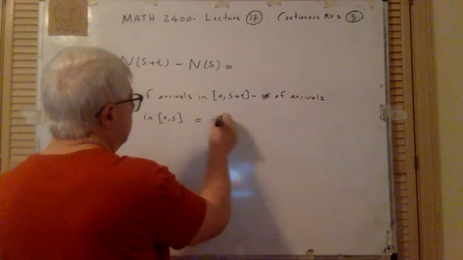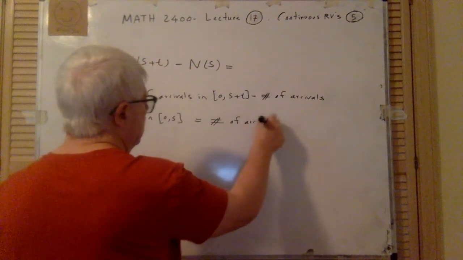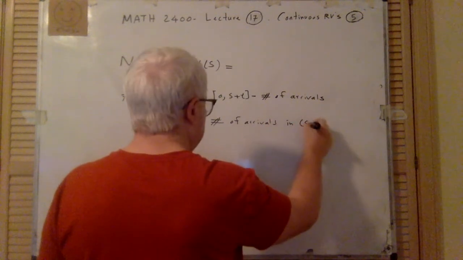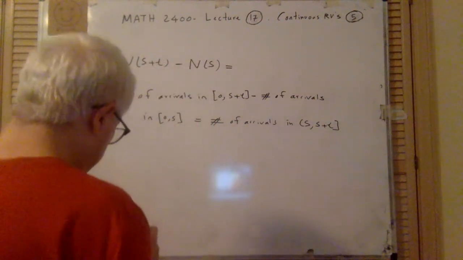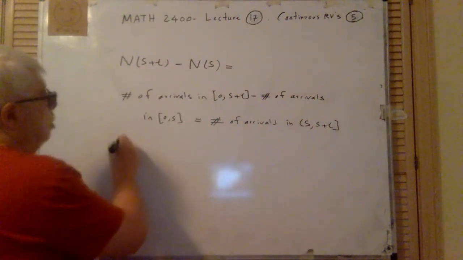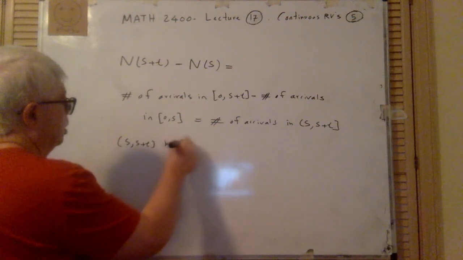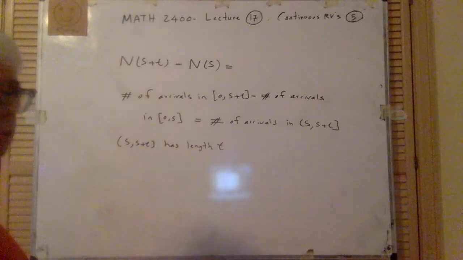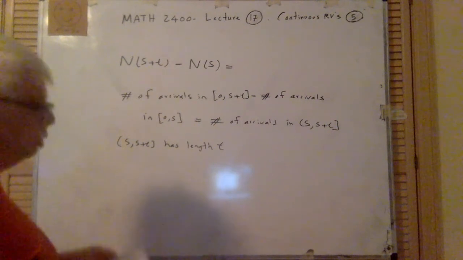So that is in fact the number of arrivals between s and s plus t. But this interval from s to s plus t has length t, so it's like the number of arrivals between 0 and t.